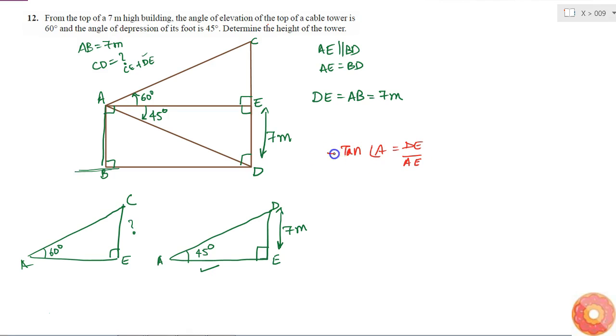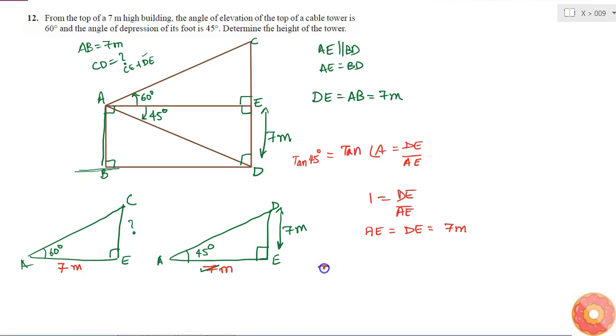Tan of angle A is the same as tan 45 degrees. I know tan 45 degrees is 1. So 1 is equal to DE by AE, or AE is equal to DE, which is the same as 7 meters. So I got AE is 7 meters. So if this is 7, then this is 7.